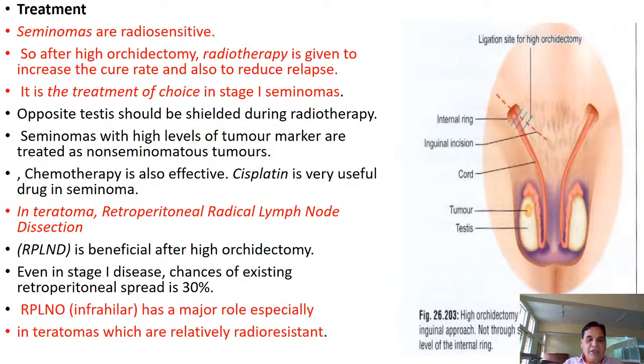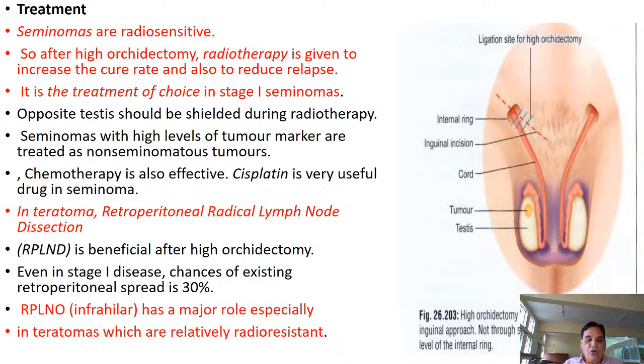Another malignancy is teratoma. Teratomas are radioresistant tumors. Seminoma is radiosensitive, teratoma radioresistant. So what is done? Surgery. After the excision by high orchidectomy, retroperitoneal radical lymph node dissection, called RPLND, is most beneficial. This is done even in stages 1, 2, 3, 4.